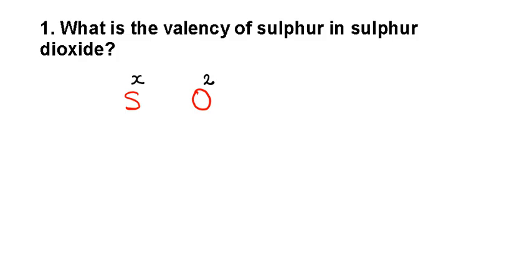So what are we going to do now? We have to use the crisscross method, so it's going to be X2 O X. Now you ask yourself, what value of X satisfies the answer?